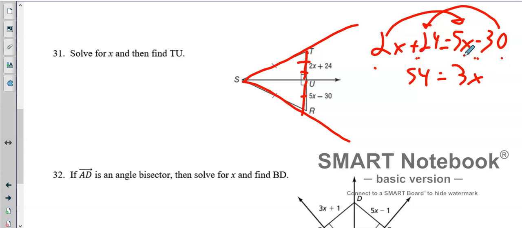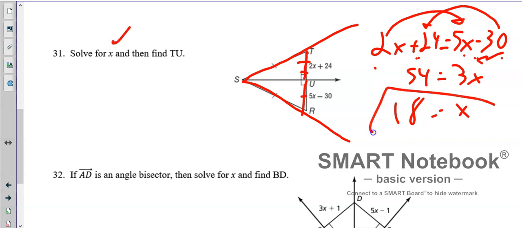If you know you make those mistakes and accidentally get a 7x or negative 14, then do the baby steps in between and show your math. But I'm going to divide by 3 now and get x equals 18. That was only one of my two answers.